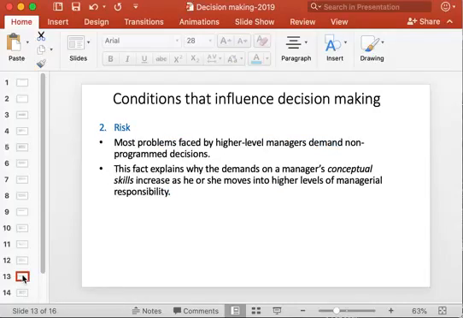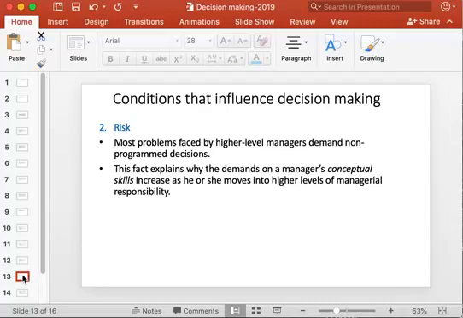Then most problems faced by higher level managers come under decision making under risk condition.